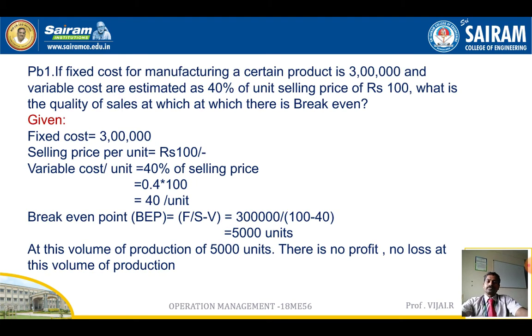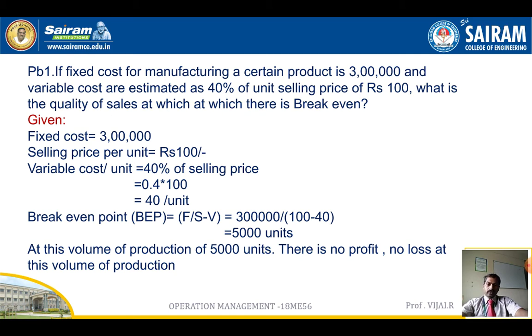Now we are going to discuss a problem. We have already seen this problem. A fixed cost is 3 lakh rupees, the selling price per unit is 100, and the variable cost is 40 percent of the selling price. 40 percent of 100 is equal to 40 per unit.